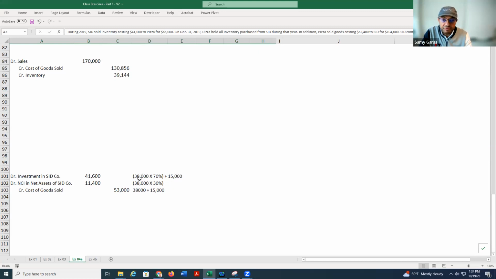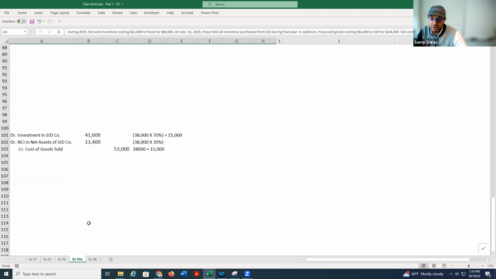We add both of them so we can get here the investment for the parent company. And then the remaining balance from the upstream will go to the NCI, and then we credit cost of goods sold. So in this journal, we credit the unrealized gain of this year. Here we credit the unrealized gain from prior year.